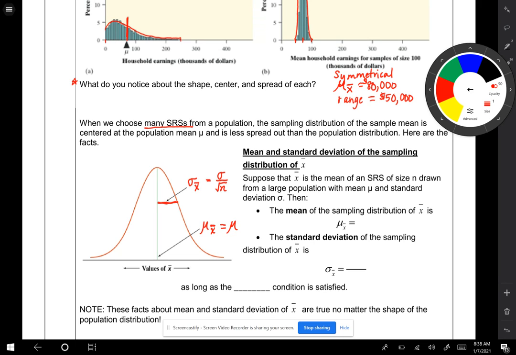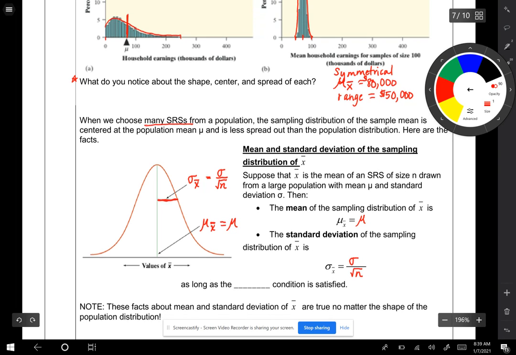The mean of the sampling distribution of X bar is equal to the mean of the population. And this is for a simple random sample of size n drawn from a large population. And the standard deviation of the sampling distribution is equal to the standard deviation divided by the square root of n.